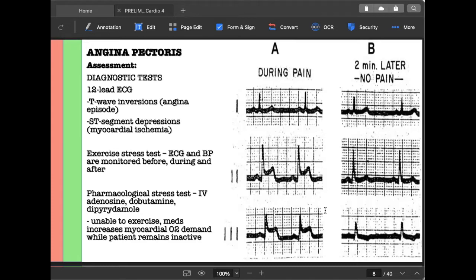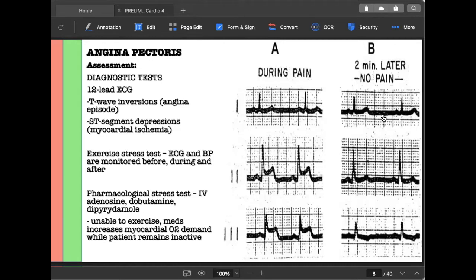Now here, as you can see, the T wave inversions and the ST segment depressions. This one is during the pain, and this one is 2 minutes later, and the pain already ended. Sometimes in bigger hospitals, they do exercise stress tests, wherein they take your ECG and BP during and after the exercise stress test.